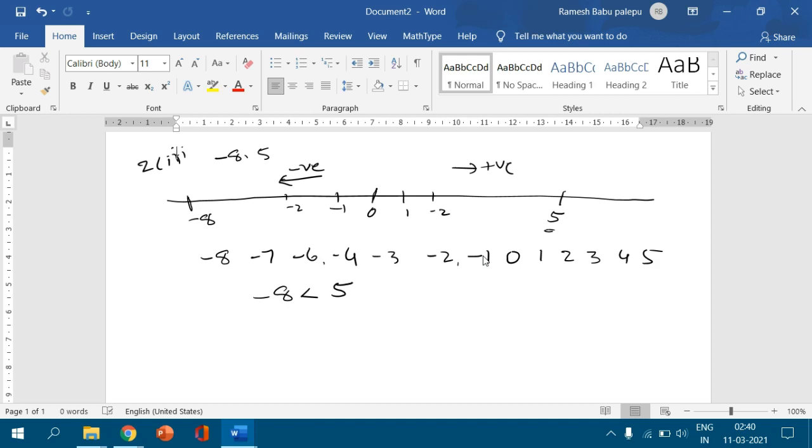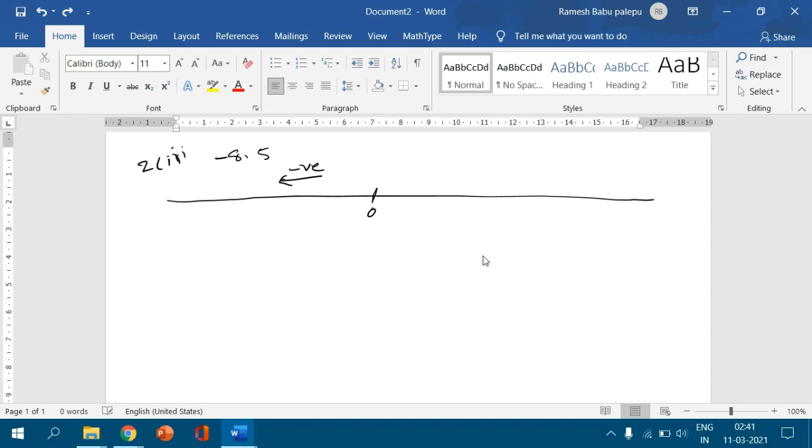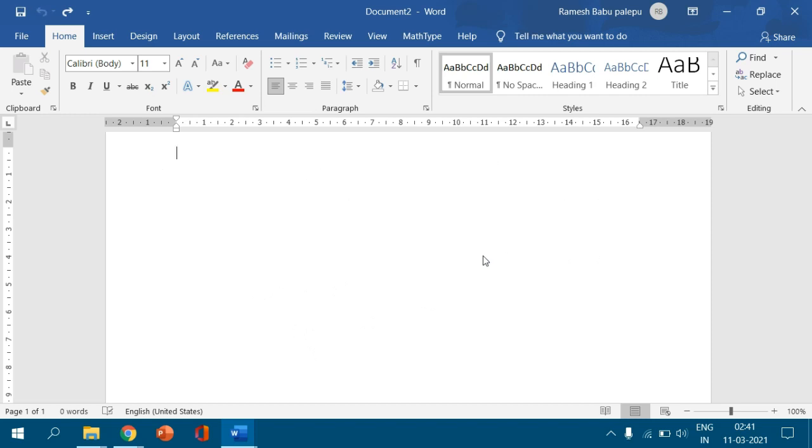So the smaller one is -8 and the larger or bigger one is 5. Okay friends, I hope you can understand this one also. I clear this one and go to answer the next question.